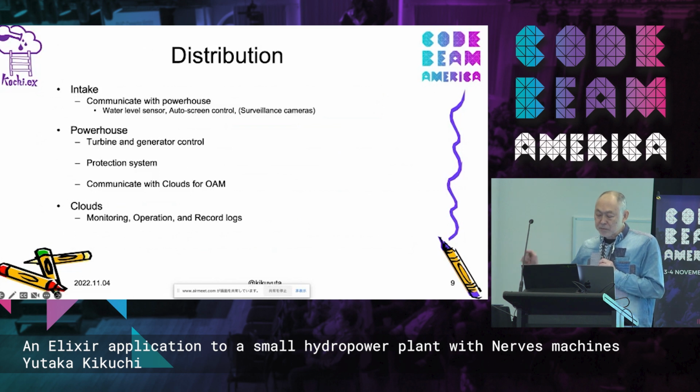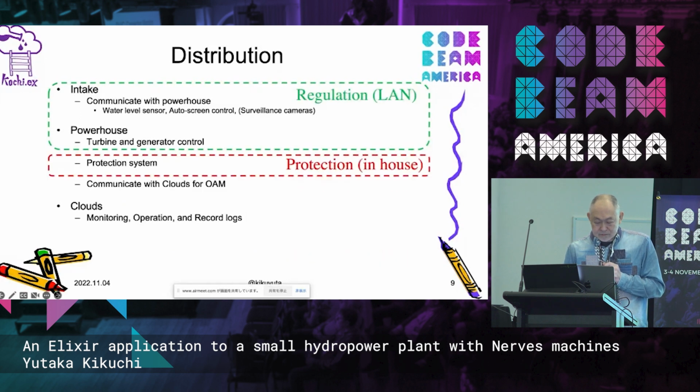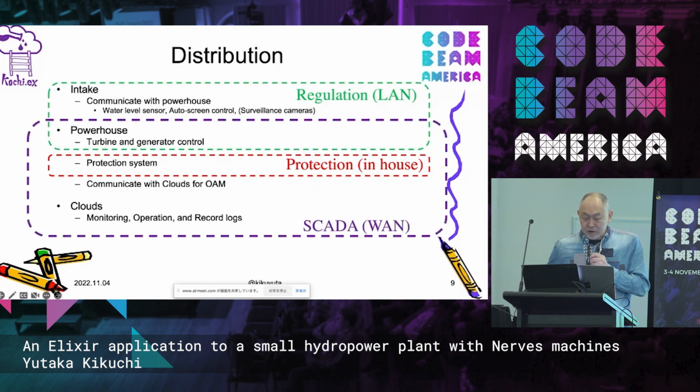The regulation system and the protection system could be realized with conventional PLCs because they are on the same line. On the other hand, Scada needs to be made on a widely distributed network, for example, on the internet. Conventional PLCs are not good at making this function.